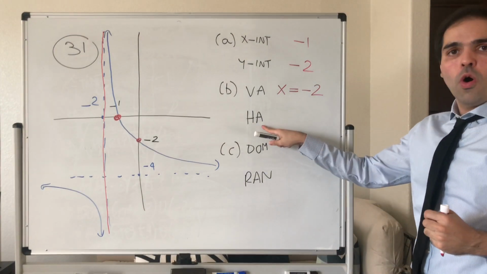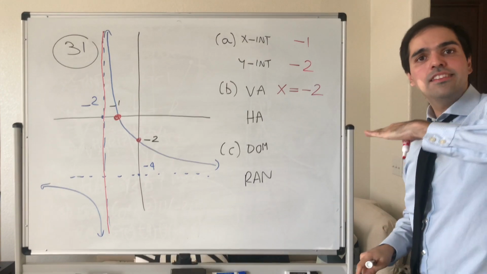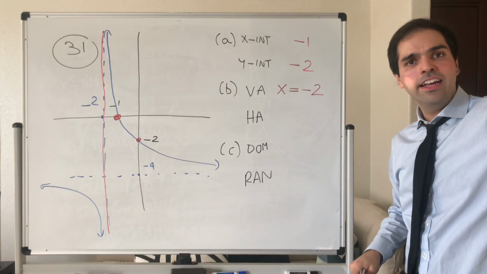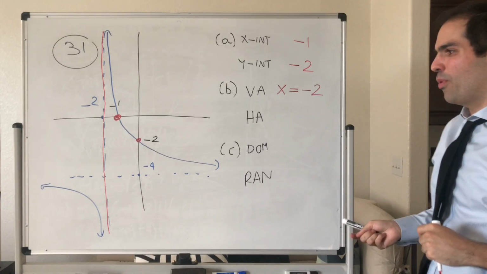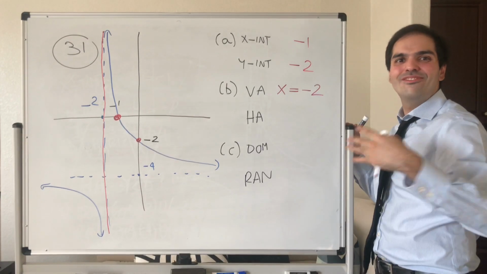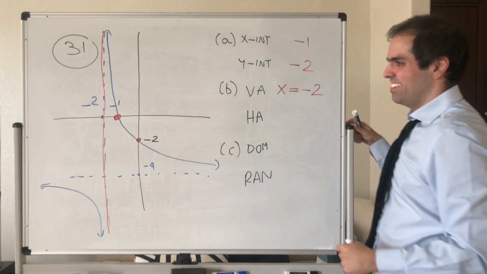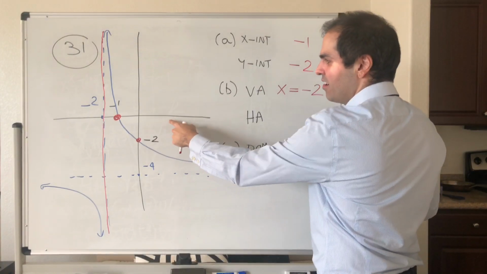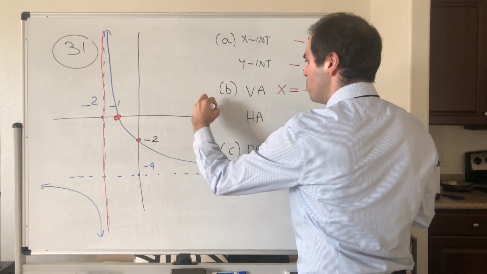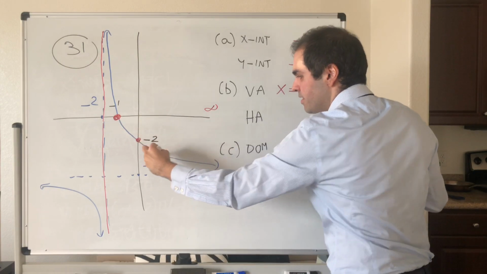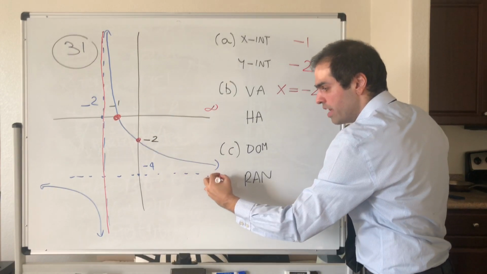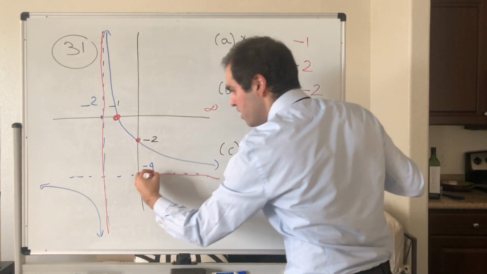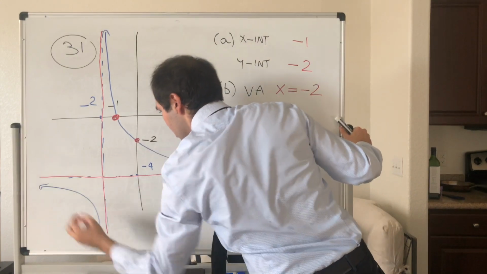Now, what is the horizontal asymptote? It's some horizontal line that this function approaches at plus infinity or at minus infinity. In particular, notice, if x goes to plus infinity, this graph seems to get closer and closer to this horizontal line.